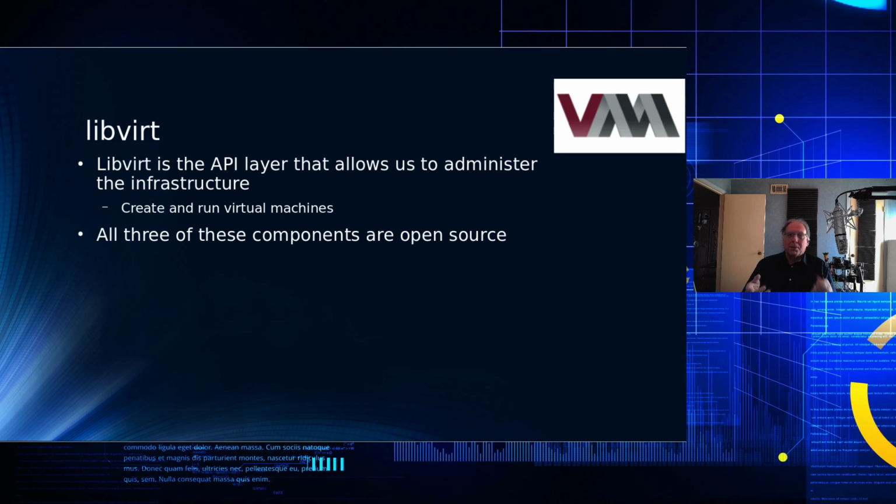It allows us to create a virtual machine, tell it to run, and tell it to terminate. Then it passes off to QEMU, and QEMU does the work behind the scenes. All 3 of those components are necessary for virtual machines, and they're all open source. libvirt is open source, QEMU is open source, and of course KVM is part of the kernel, and we all know that's open source.